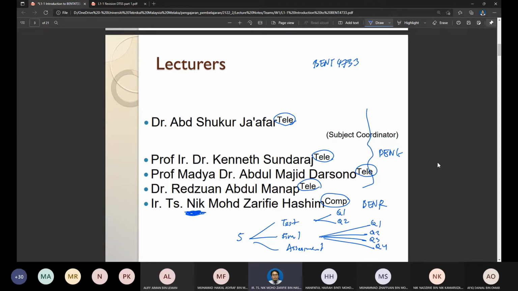Okay, so the assessment, the assignment, it could be one task for groups. It could be 2 or 3 students per group, right? Okay, and that would be the things happening in this semester.